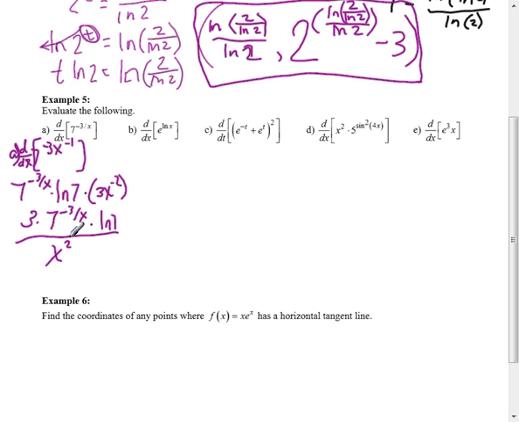Actually, I could move this. This has a negative exponent, so one other equivalent form would be 3 ln of 7 over x squared times 7 to the 3 over x power. Okay, because that was negative, I could just move it down. So those are all equivalent.